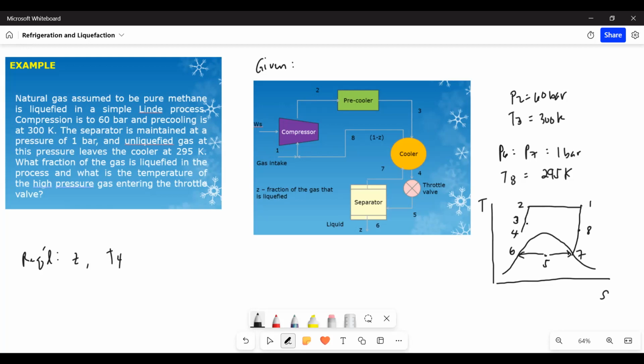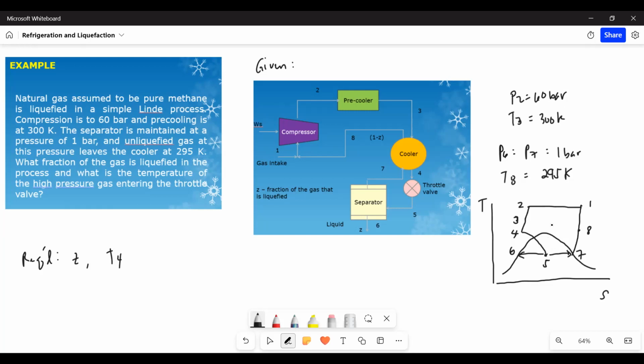Now, P2 is 60 bars, T3 is 300 Kelvin. Now it enters the throttle valve. So here the process would look like this, 4 to 5. Here enthalpy is constant because of the throttling process.